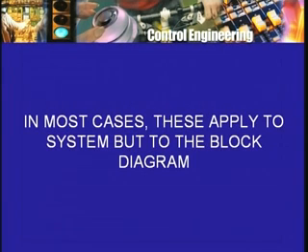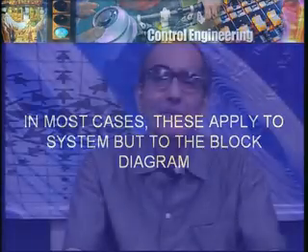In fact, in most cases these two terms cannot be applied directly to the actual control system configuration. They can be applied to a block diagram that we can draw, and then we can say, all right, this signal here should be nearly equal to that signal there, or this signal here is 0.8 times that signal there, and things like that.